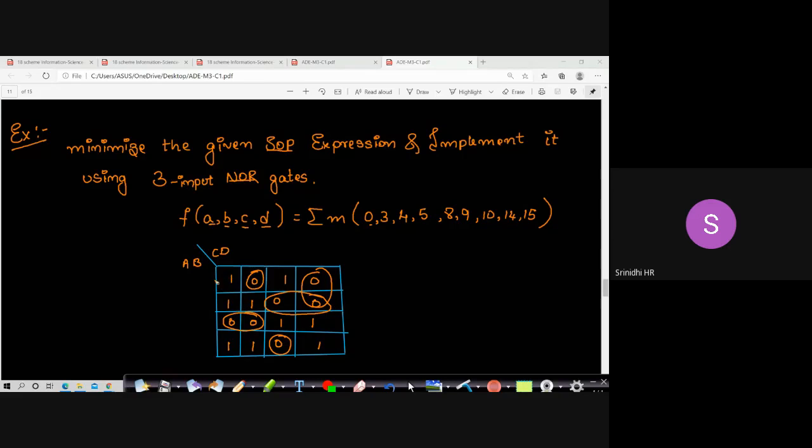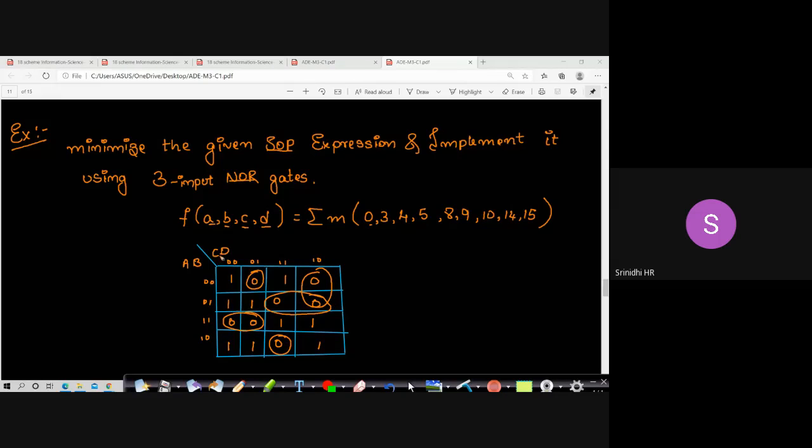Let's write the answer for this. Can somebody tell me the answer? If I make the groups of zeros with the given K-map, you must remember the interpretation. Here it is 00, 01, 11, 10.